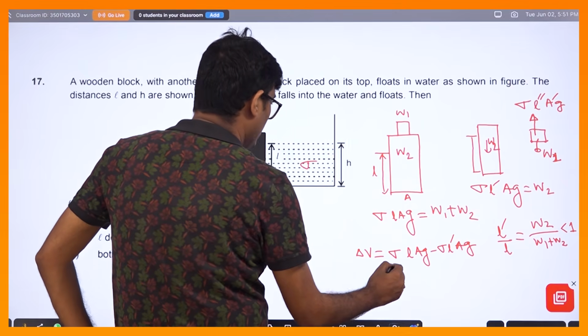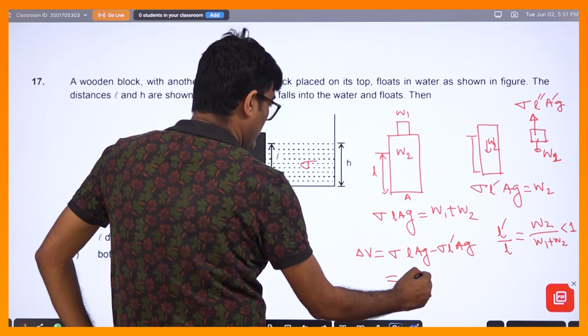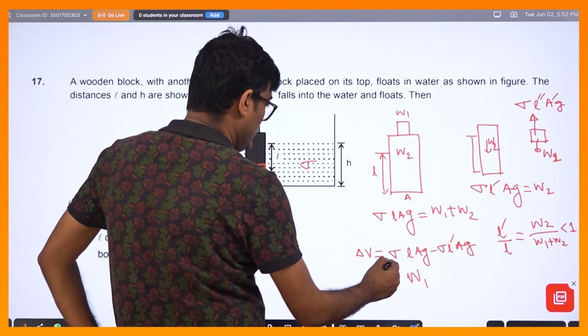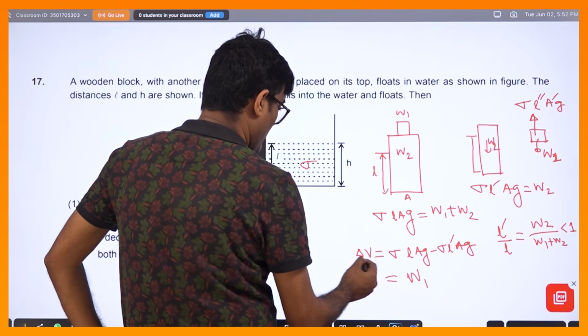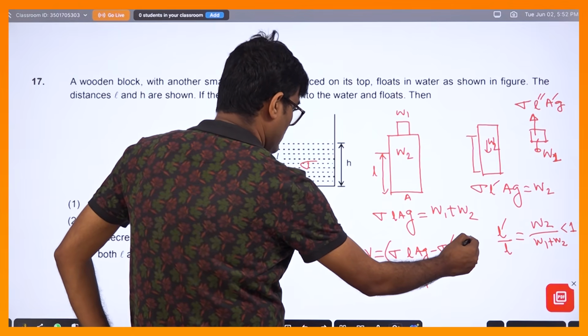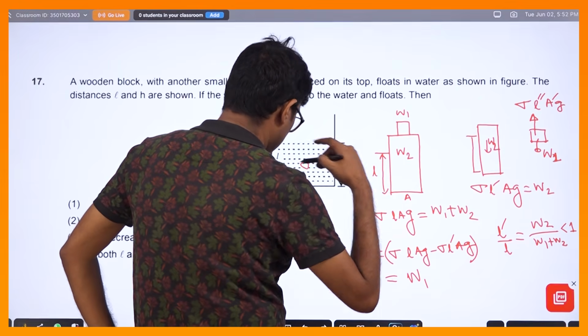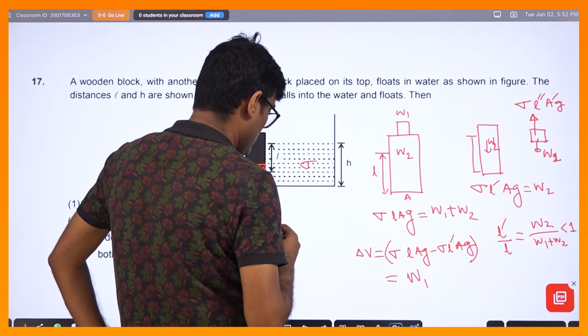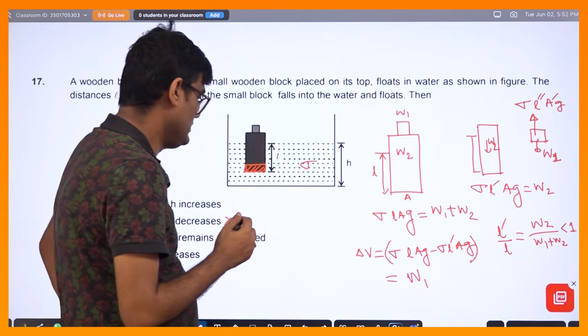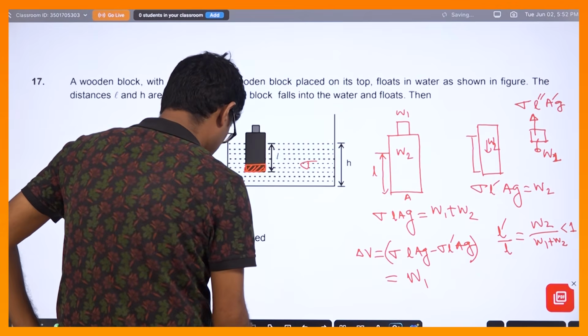So the volume released is equal to W1, right? The extra volume released is this, L minus L prime, actually the extra length that is released.